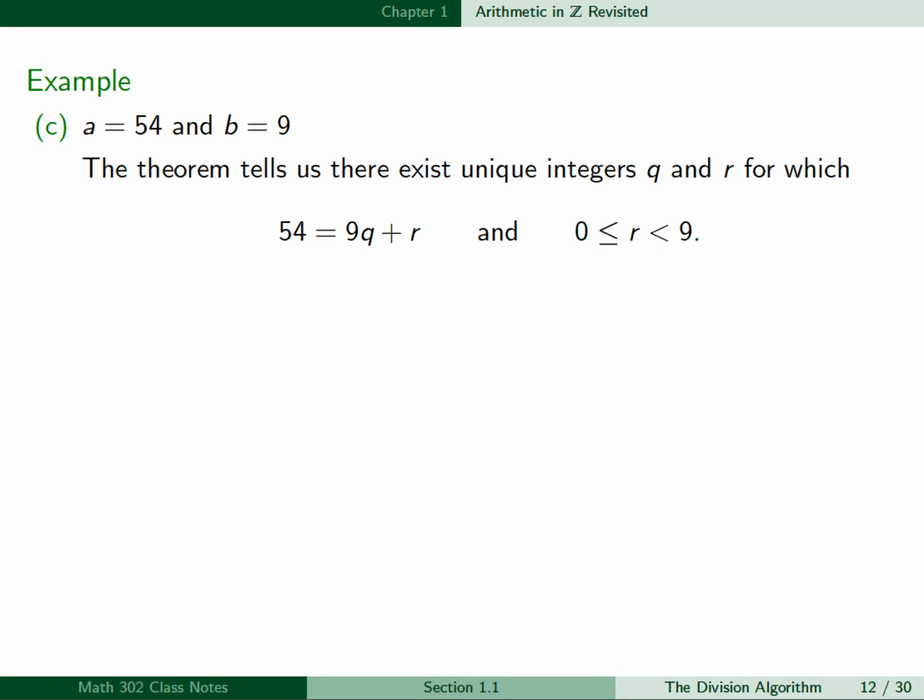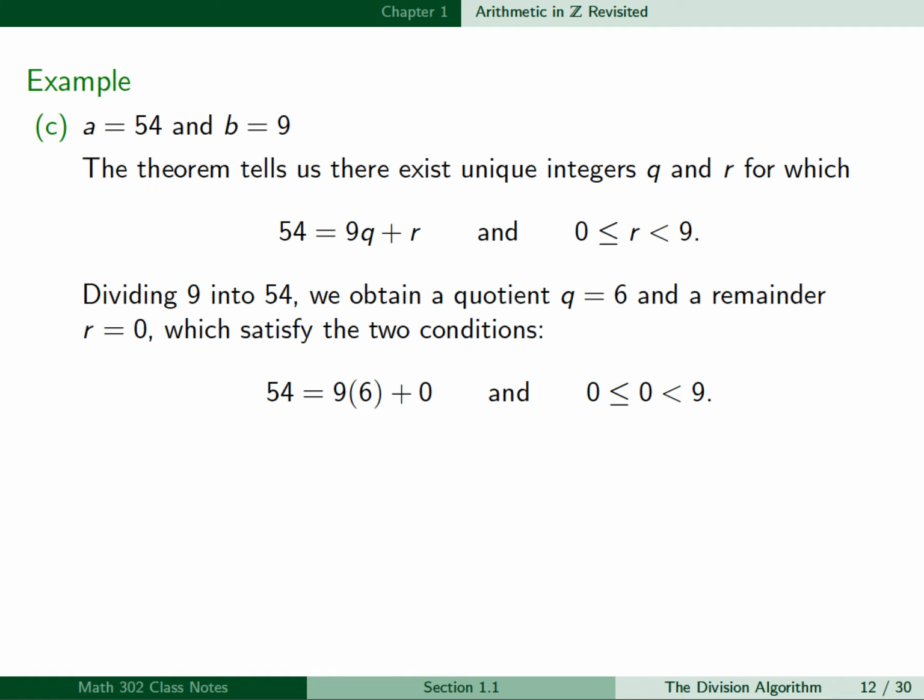And the theorem tells us there exist unique integers q and r for which 54 is equal to 9q plus r, and 0 is less than or equal to r is strictly less than 9. Dividing 9 into 54, we obtain a quotient q is equal to 6 and a remainder r is equal to 0, which satisfy our two conditions. So 54 is equal to 9 times 6 plus 0, and 0 is less than or equal to 0, which is strictly less than 9.